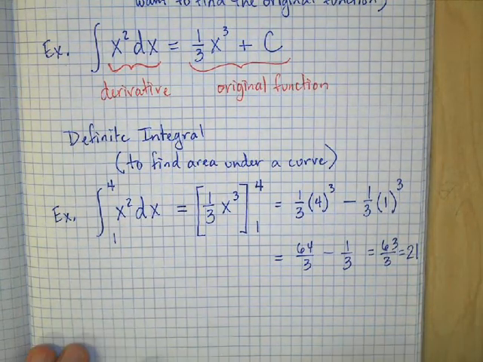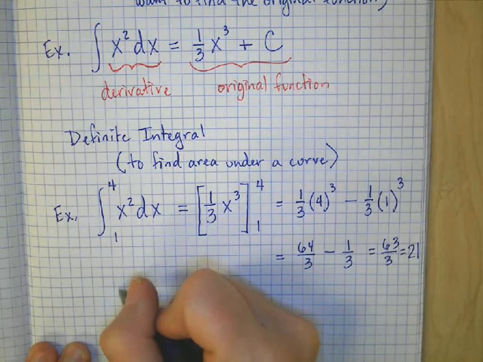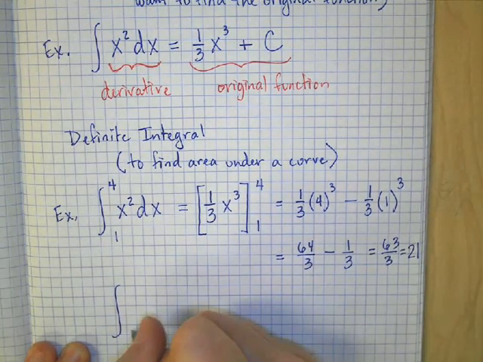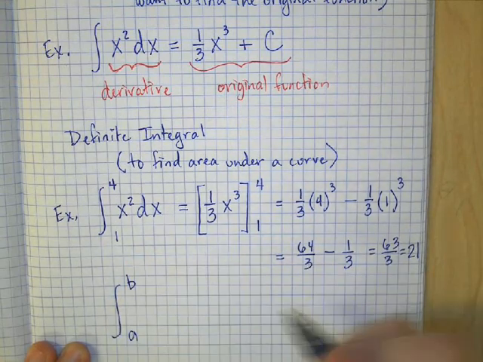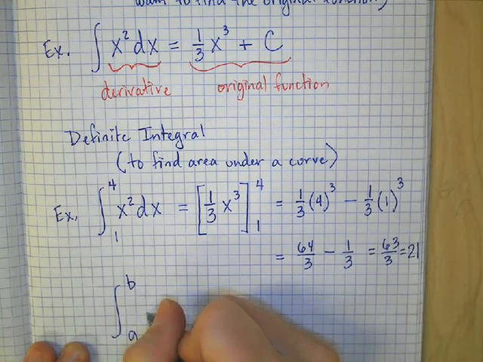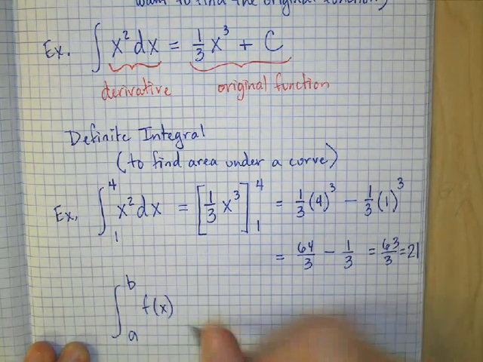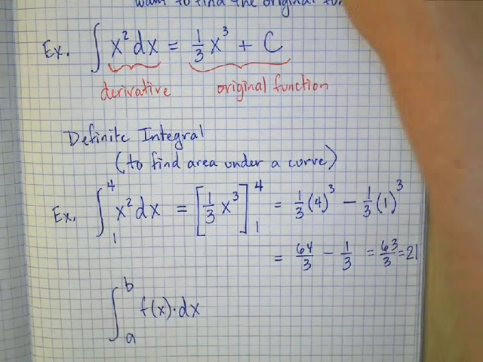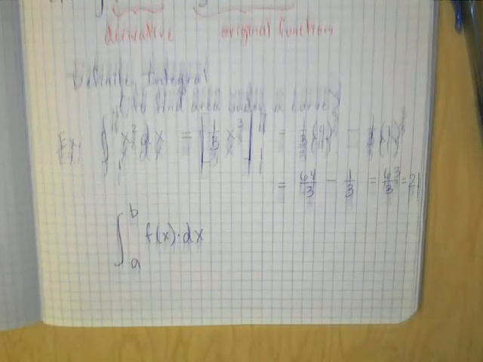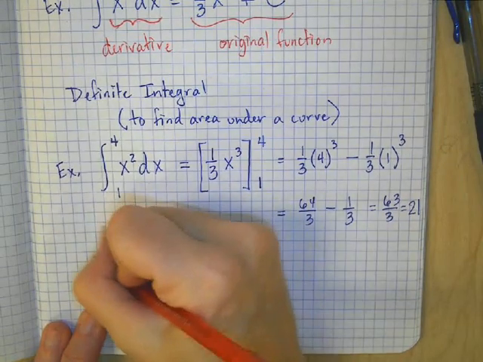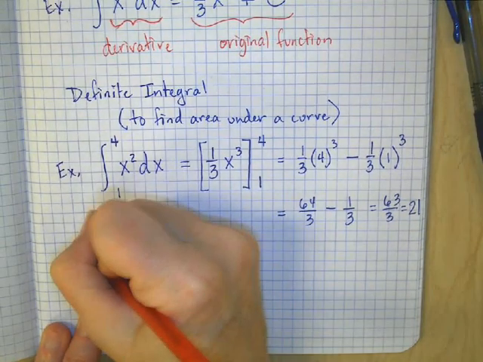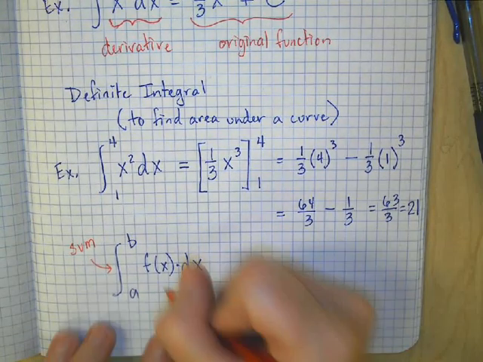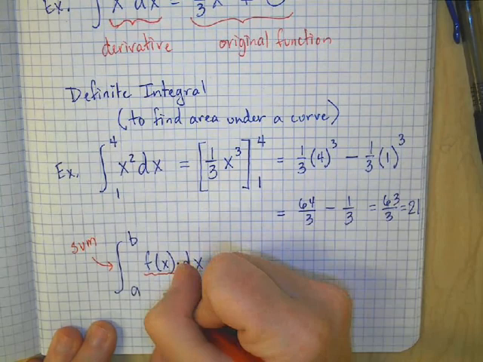So if I'm looking at my definite integral, I have the summation notation, and then I have my starting and my ending points, and then I have f of x, my function, and then dx. So what did this mean today? What did we figure out in class today? This symbol right here means sum. So we're going to add all the rectangles, and this was the height of the rectangles.